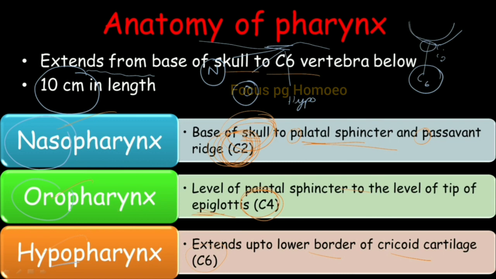Oropharynx extends from the palatal sphincter to the level of the epiglottis, that is C4. Hypopharynx extends up to the lower border of cricoid cartilage, and here the vertebral level is C6. So C2, C4 and C6, and total length is 10 centimeter. So this is all regarding it.